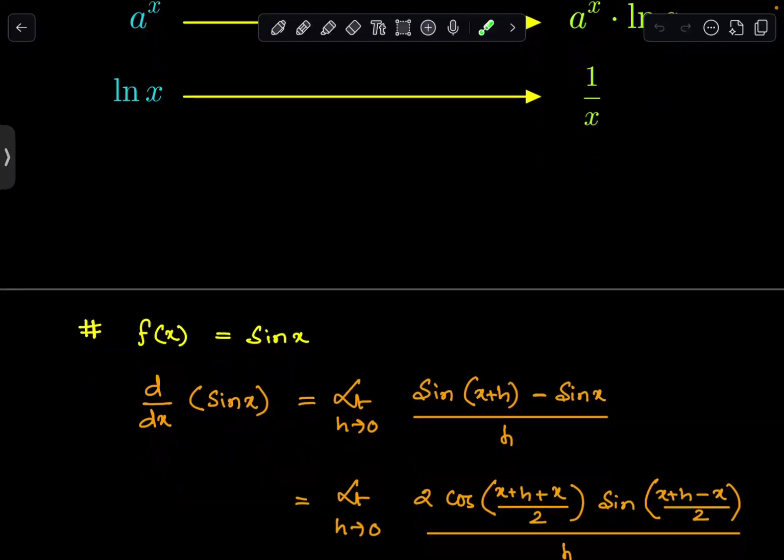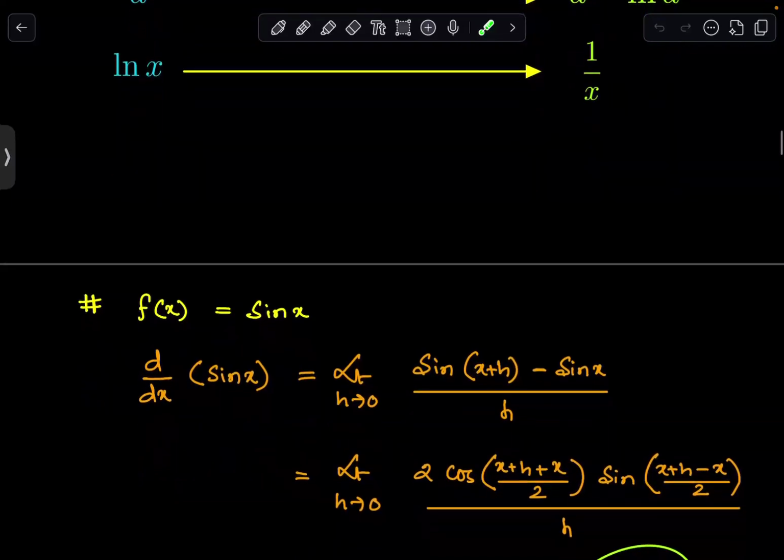So sine of x plus h minus sine x can be factorized into twice cos of the average of the two angles multiplied with sine of half of the difference of the two angles. The denominator is kept the same.